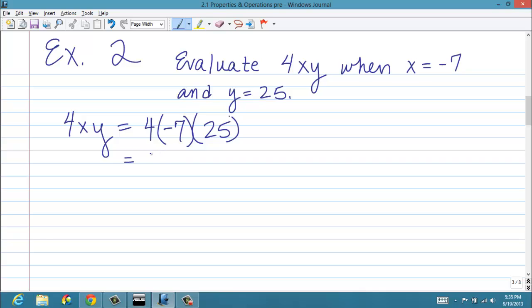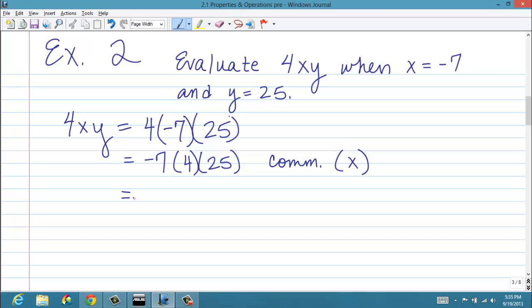And you have to be able to demonstrate different properties. So I'm going to use the commutative property of multiplication, meaning I'm changing the order. -7 times 4 times 25. I just used the commutative property of multiplication.